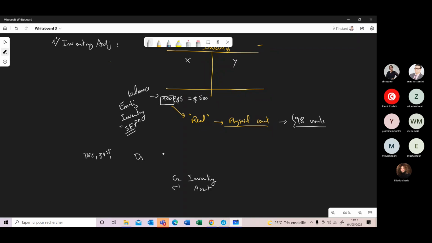If it's a contra asset, you're thinking about it like for accounts receivable. But you see that you credit an asset, you debit a contra asset. It's not matching, because when you debit a contra asset, what happens? The contra asset is an opposite of an asset.